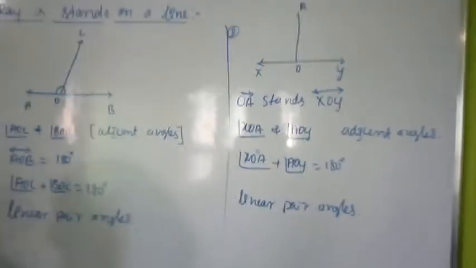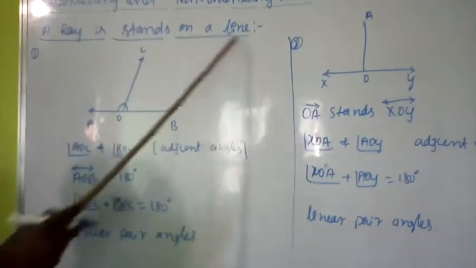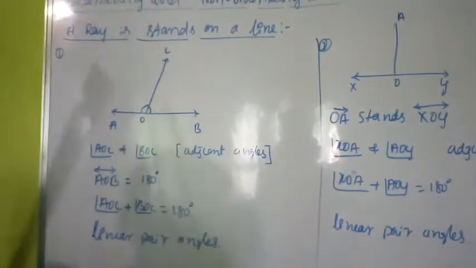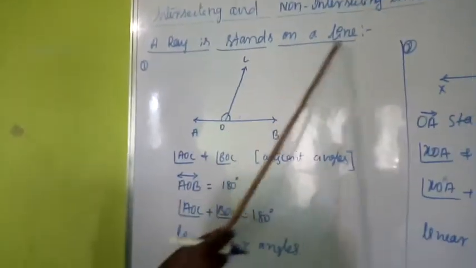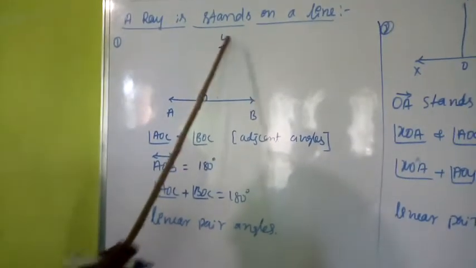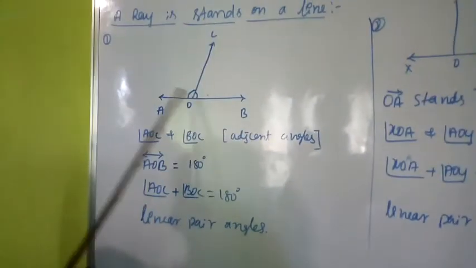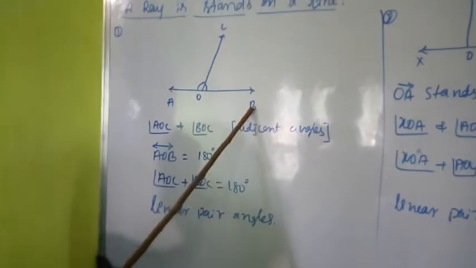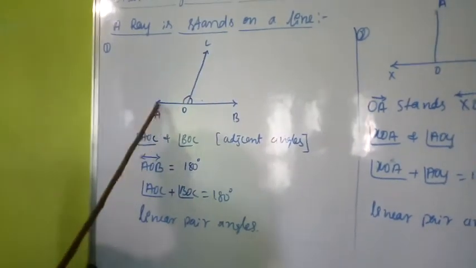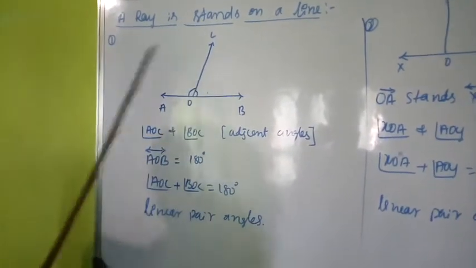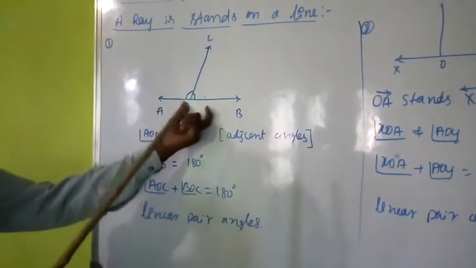So here, if a ray stands on a line, the concept is a ray stands on a line. See here, OC is the ray and AB is the line, so we have made this OC stand on AB. Okay, it should be standing on AB.